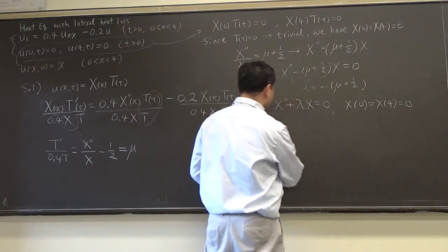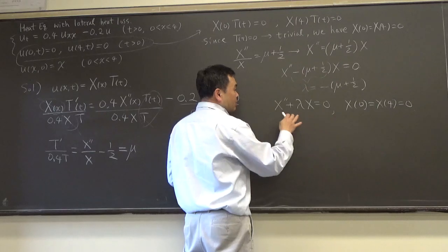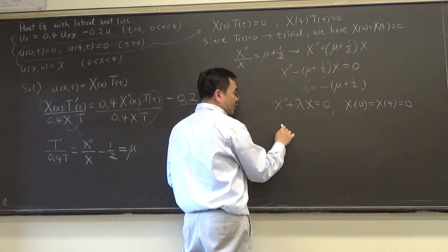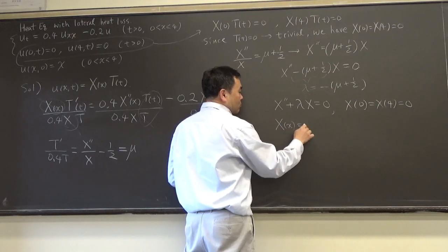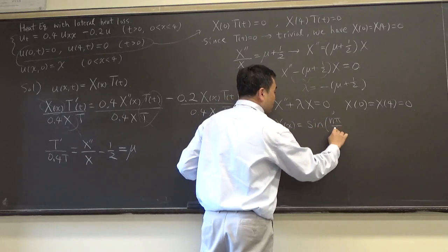Okay, so what we get here is that eventually, if we work out the Sturm-Liouville, then x should be the sine functions sin(n pi over 4 x).